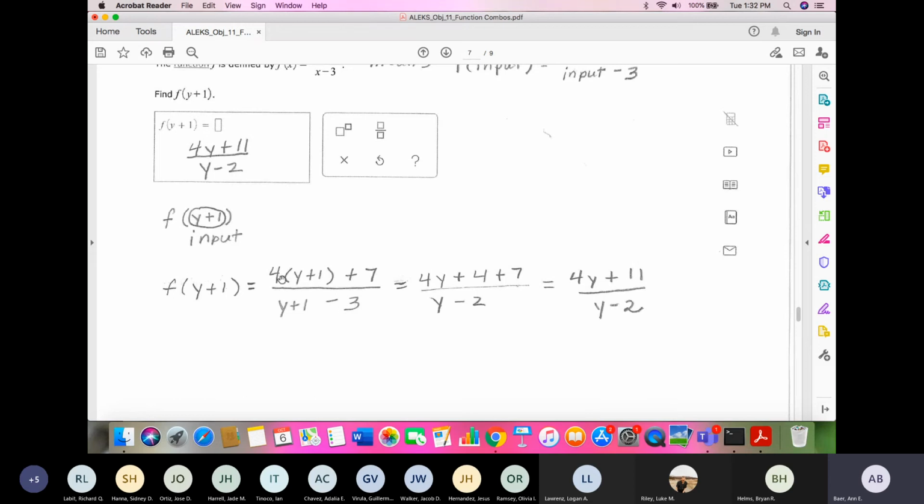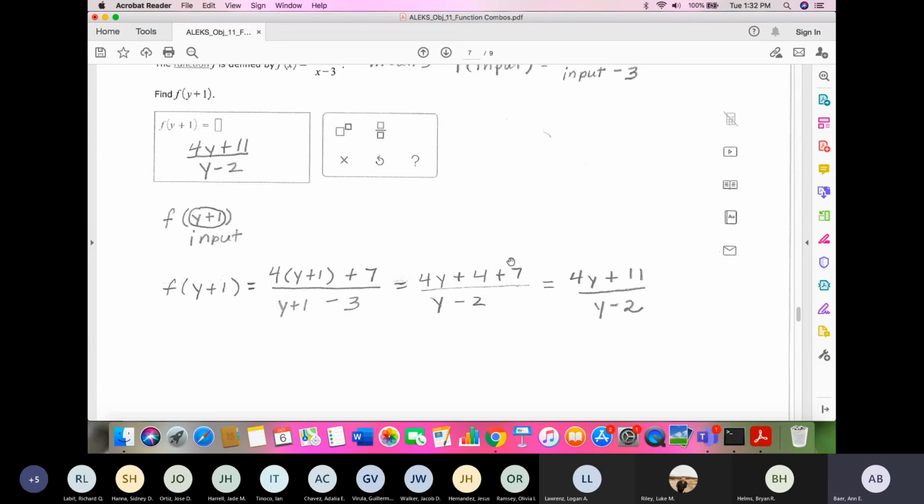So this is multiplication over addition. So let's distribute: 4y plus 4 times 1, which is 4, plus this 7. Here in the denominator, 1 minus 3 is negative 2, which we can write as y minus 2.